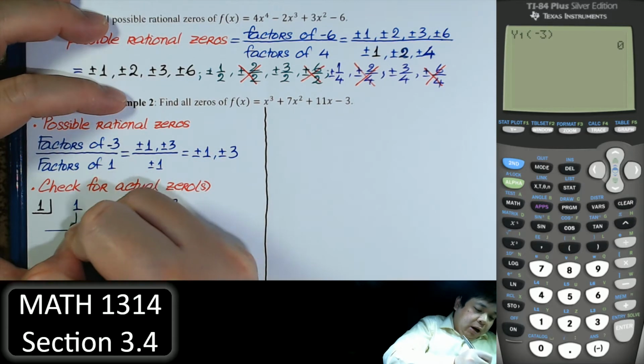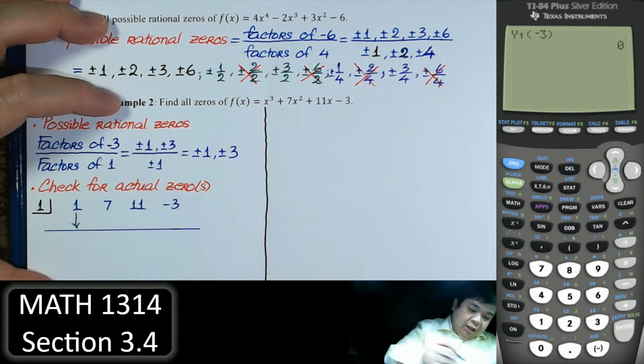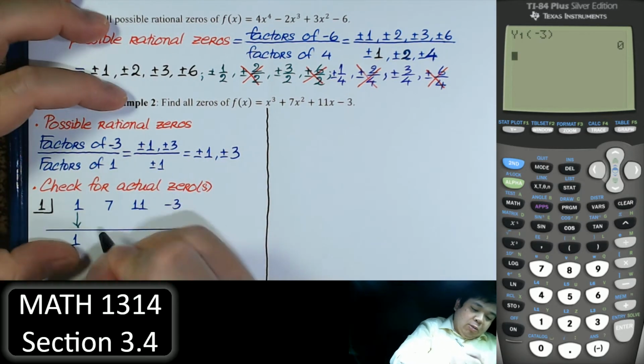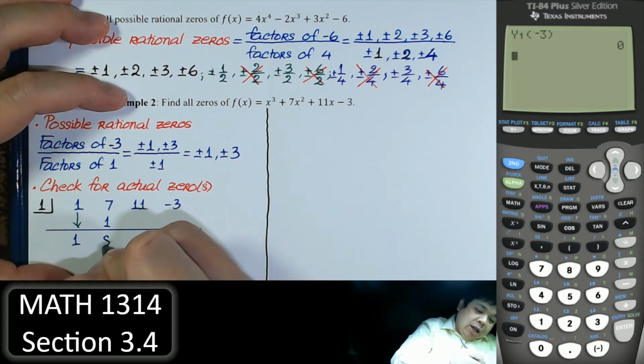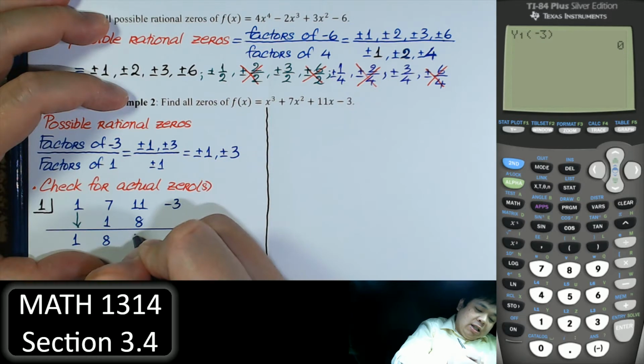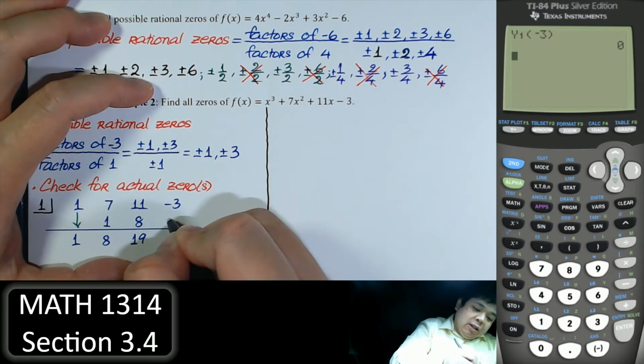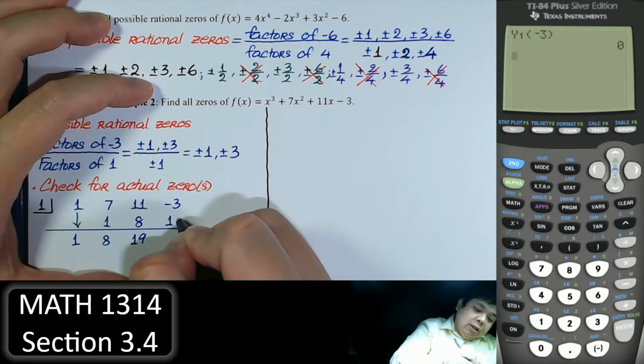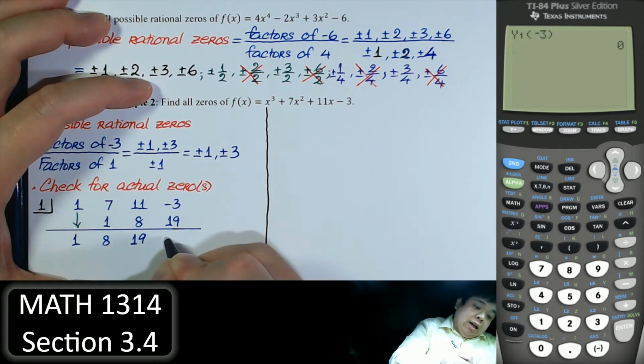So drop down 1. 1 times 1 is 1. 7 plus 1 is 8. 1 times 8 gives us 19 when added to 11. 1 times 19 gives us 16.